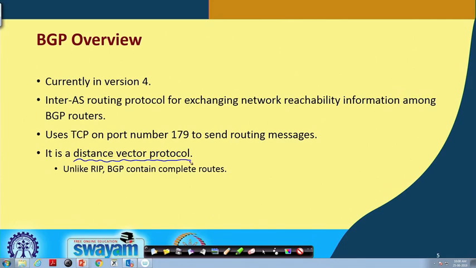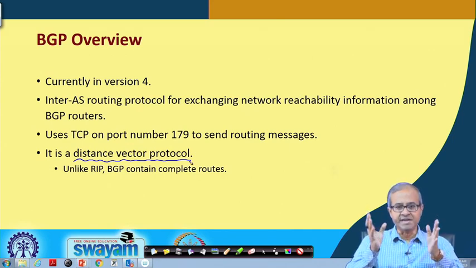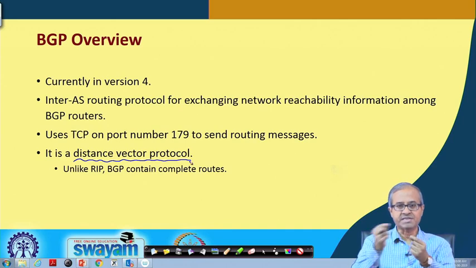Now, there is one difference from RIP, which was an interior protocol. There, the distances referred to distances between routers within the autonomous system, but here we are talking about other networks which may be outside this autonomous system also.